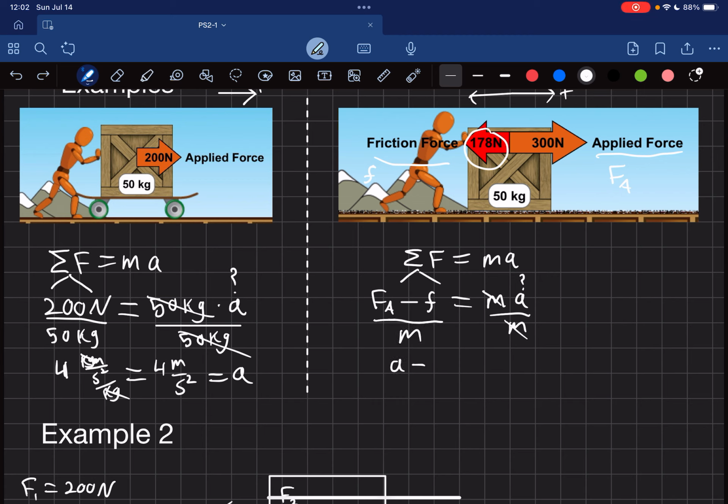So overall, we have acceleration is equal to the force applied minus the frictional force divided by mass. Let's plug in some numbers, and then let's analyze our solution. The applied force is 300 newtons. The frictional force is 178 newtons. And then the mass was 50 kilograms.